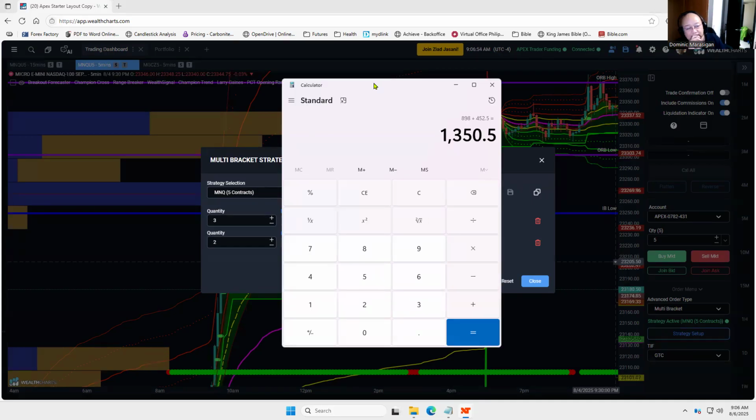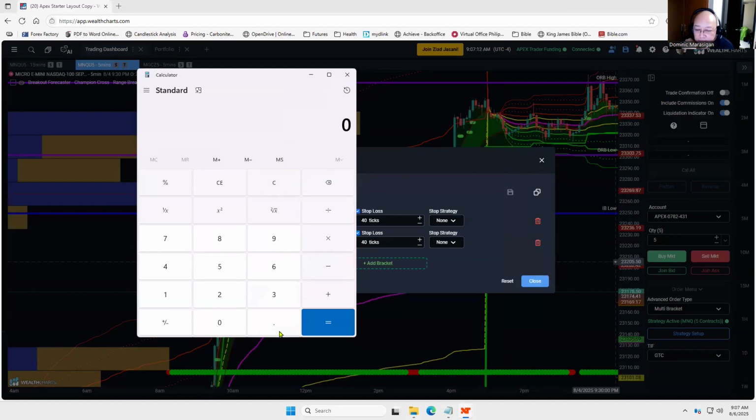We're looking at 50 cents per tick. Is that right? Yeah. So it's 50 cents per tick. If there's 40 ticks, it's going to be $20, right?